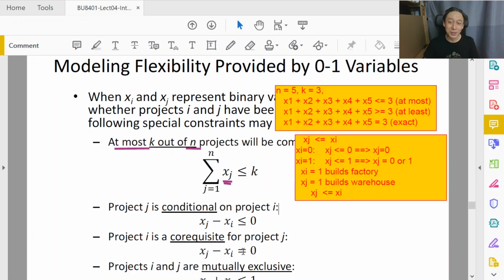Now, of course, the question is, why don't we just delete one of the variables and just say that xi is a decision for doing projects i and j? If it's 1, then do both i and j. If it's 0, then don't do either one. And that understanding is correct, but maybe not always that extreme in some cases.